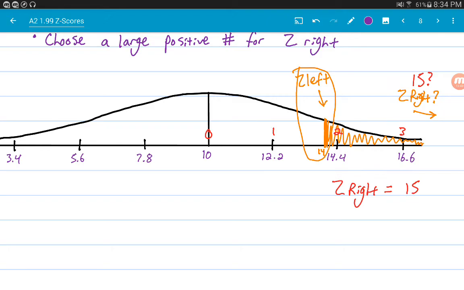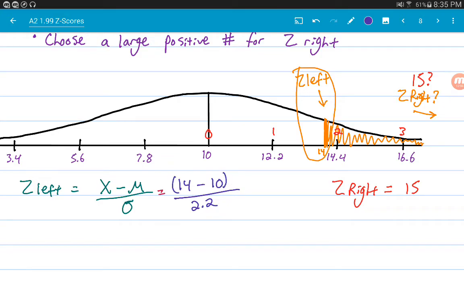Now let's calculate our z left. Z left is equal to x minus mu over sigma. Alright, now let's plug in. X, the value, is 14, minus mu, which is the mean, which is 10, divided by 2.2.